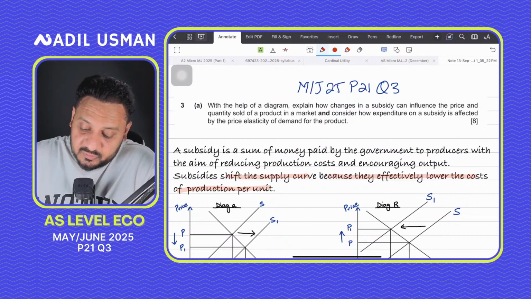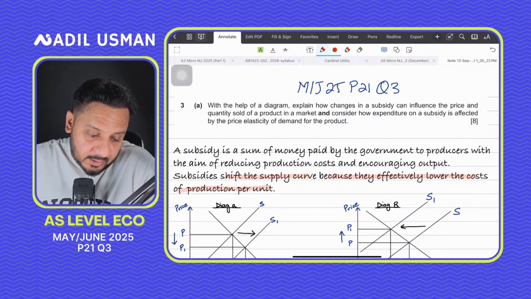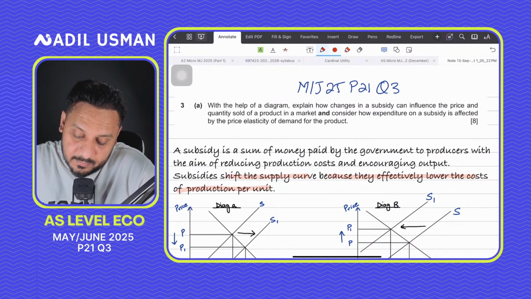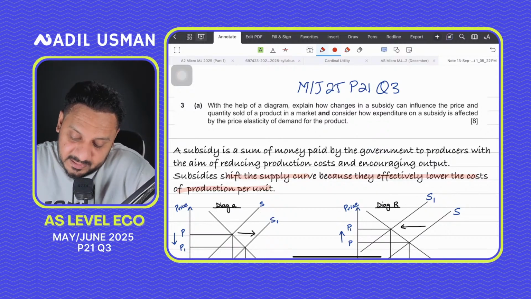So what do you think would be the answer to this? Expenditure on a subsidy basically means government expenditure on the subsidy, right?